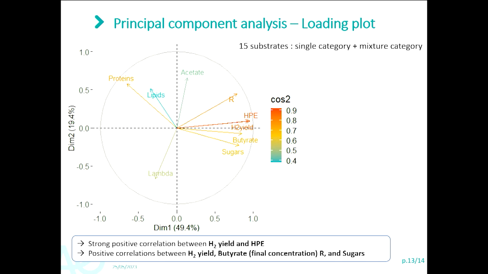But we can see there is a strong positive correlation between the hydrogen yield and the HPE, as expected. We also observe positive correlation between the hydrogen production rate, the butyrate final concentration, and the sugar content, as I presented previously. Regarding butyrate concentration, we can conclude that this pathway is the most favorable for hydrogen production.